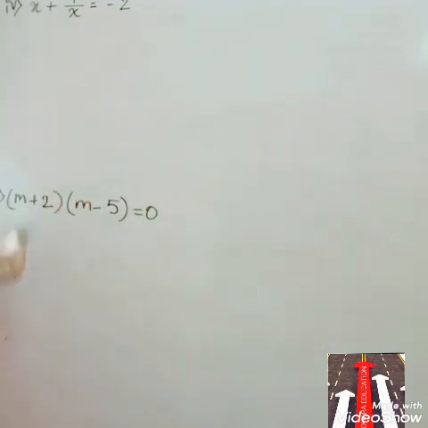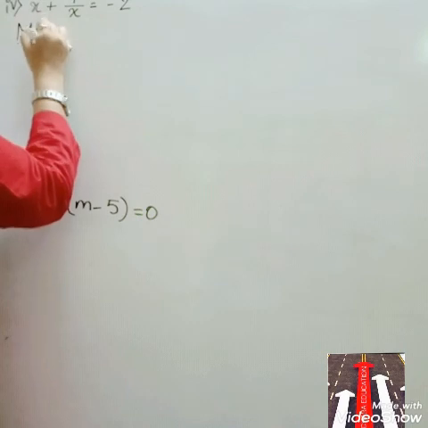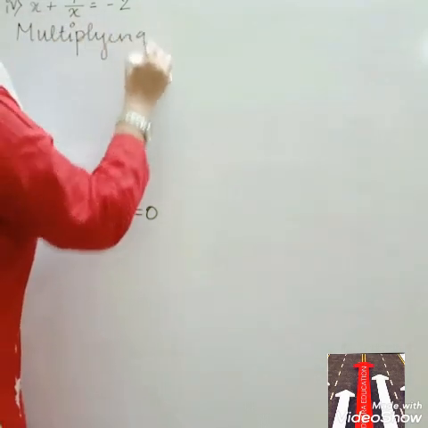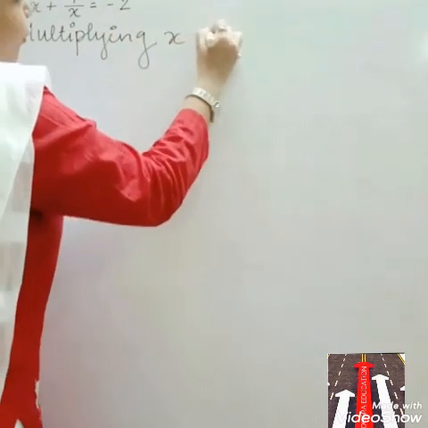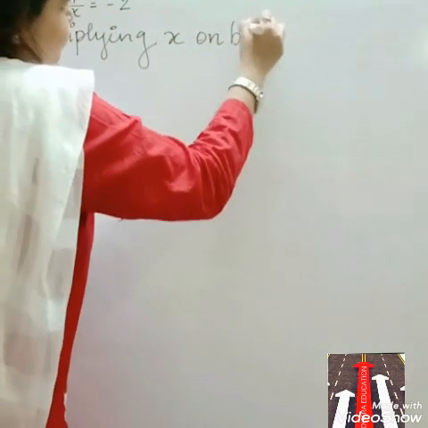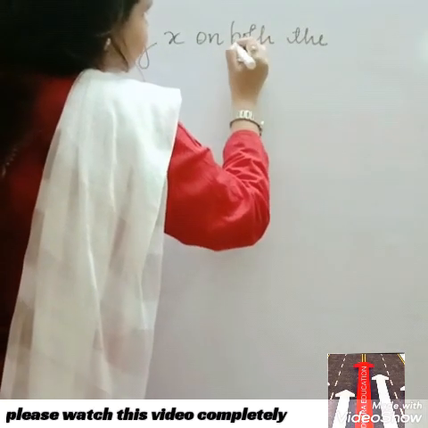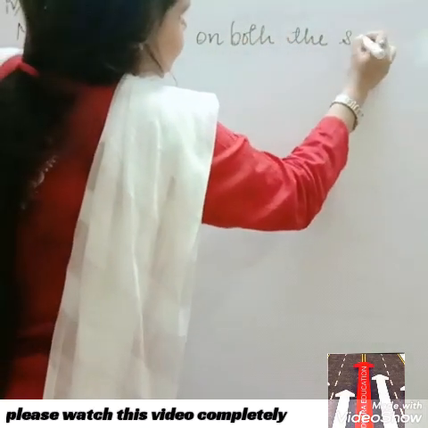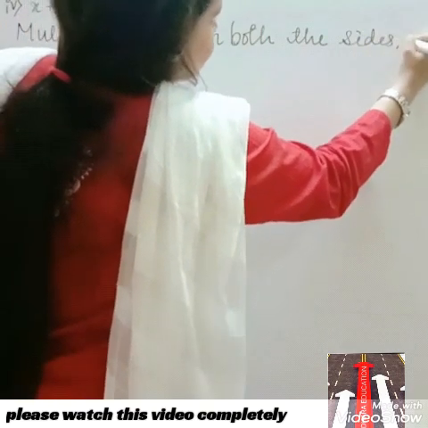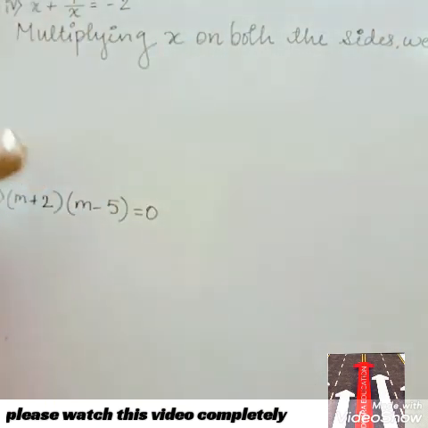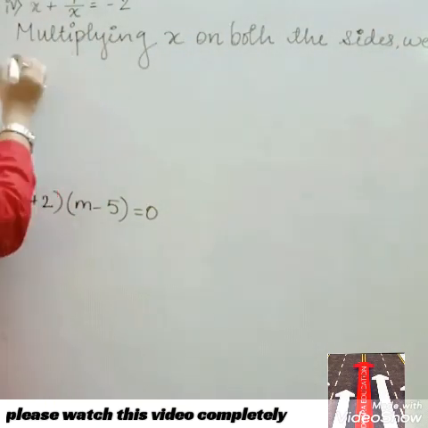So here what we need to do is this: we will multiply x on both the sides, we get... How will we multiply now?